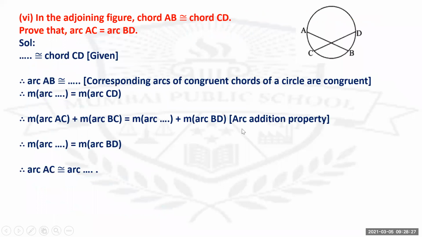So help me out with this. In the adjoining figure, chord AB is congruent to chord CD. Prove that arc AC equals arc BD. Again, same thing. Chord AB is congruent to chord CD.